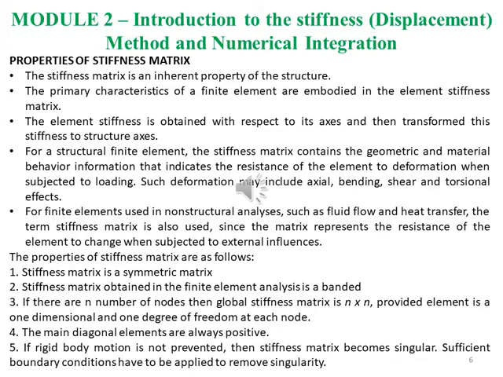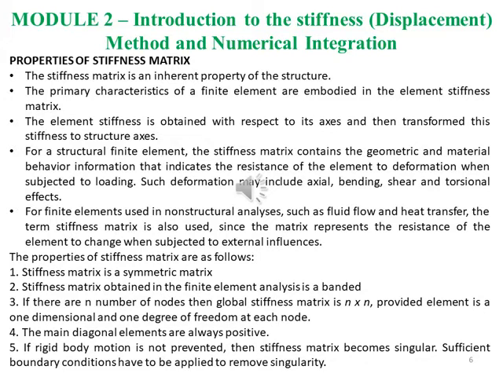The properties of the stiffness matrix: the stiffness matrix is a symmetric matrix. Along the diagonal the values will vary, but above the diagonal and below the diagonal the values will be the same. So it is a symmetric matrix always.